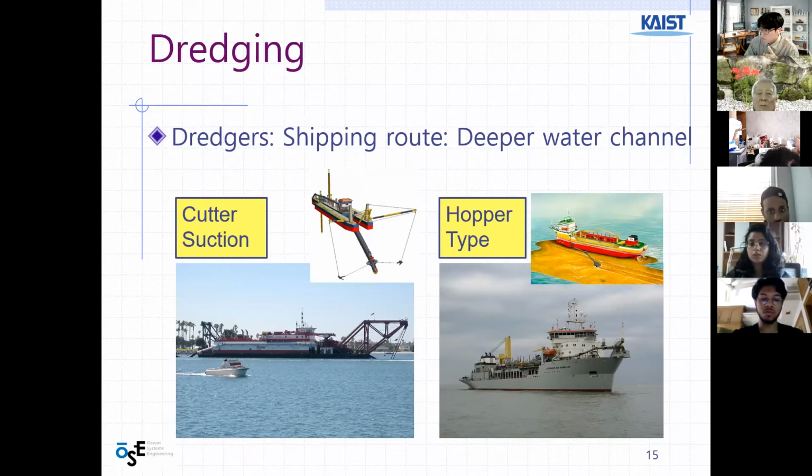Suction is pumping out by agitating the water using a small propeller, so that water and soil and sand come at the same time through a suction pipe, impeller. And hopper type is usually grabbing the soil and digging, similar to land-based digging.